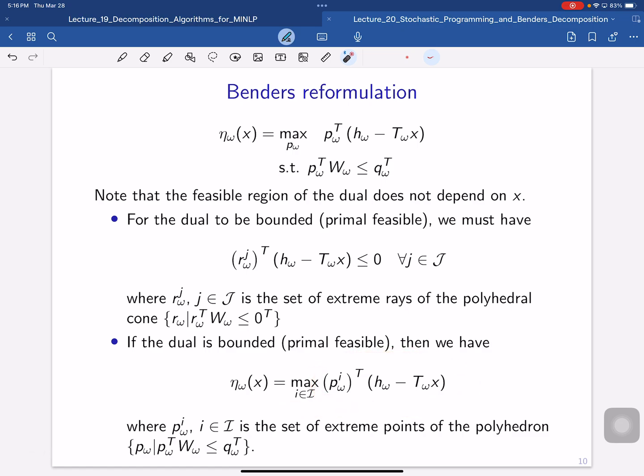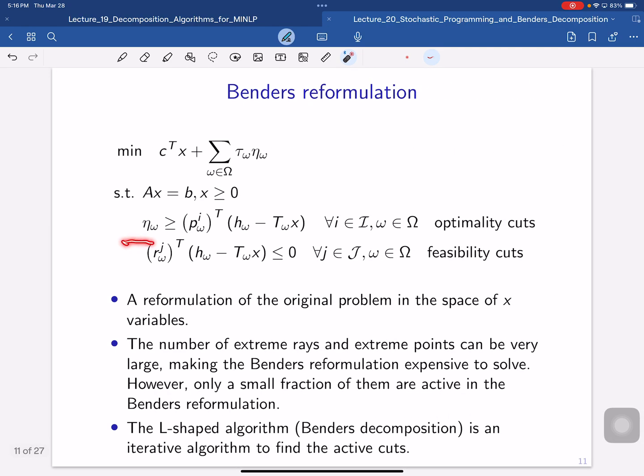So in other words, you can reformulate this max over the linear functions as omega being greater than or equal to all those linear functions corresponding to the extreme points. And the other thing is that the extreme rays must have negative product with the objective.